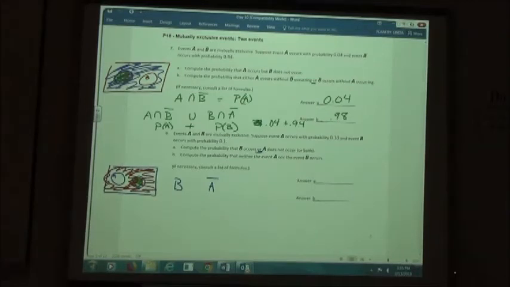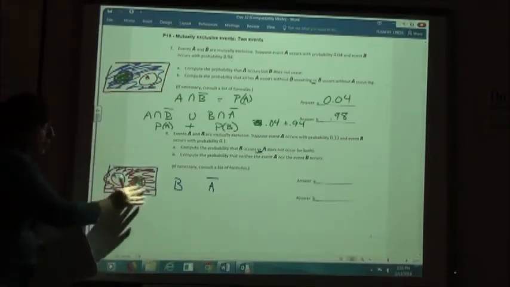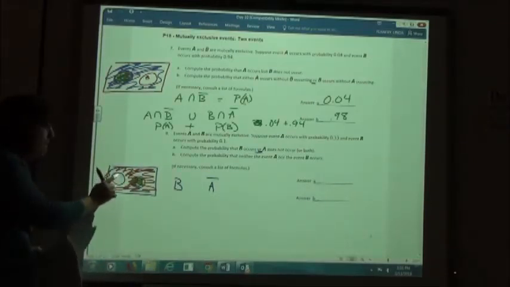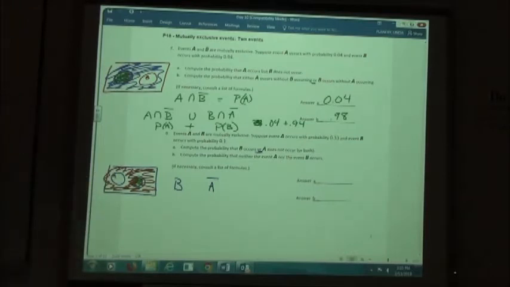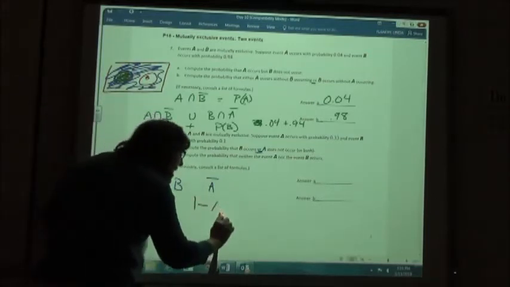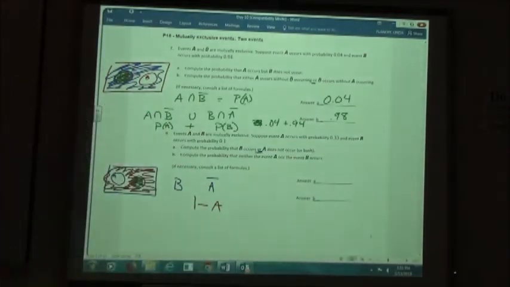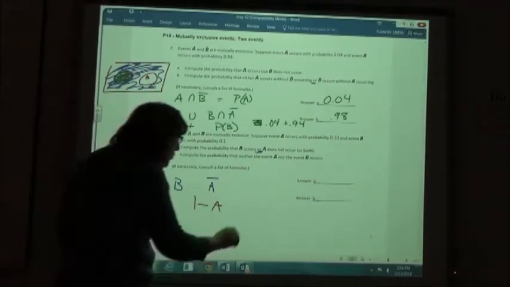Since this one is an OR instead of an AND, like on that previous one, OR means you're doing the bigger section. So in other words, I'm doing everything but the A. If I'm going to do everything but the A, I'm going to do 1 minus the A then. 1 minus the probability of A. The probability of A is 0.33.